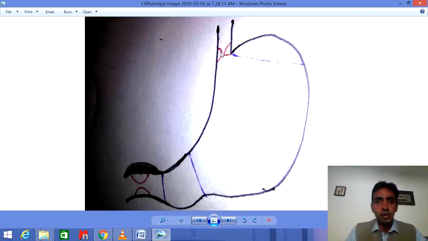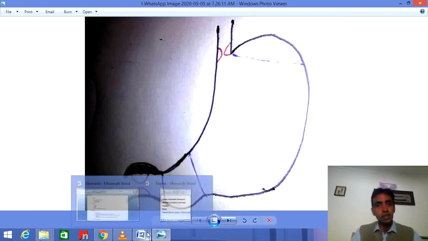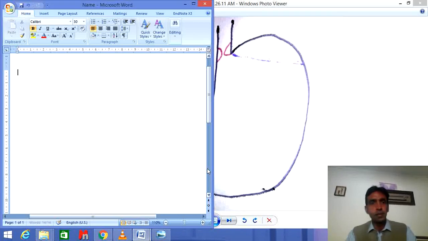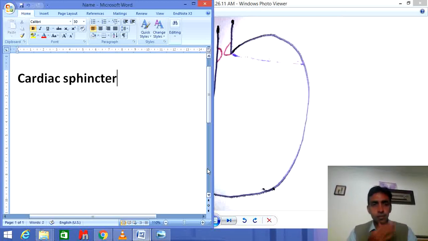So this one is called lower esophageal sphincter or cardiac sphincter. You can also call it lower esophageal sphincter.